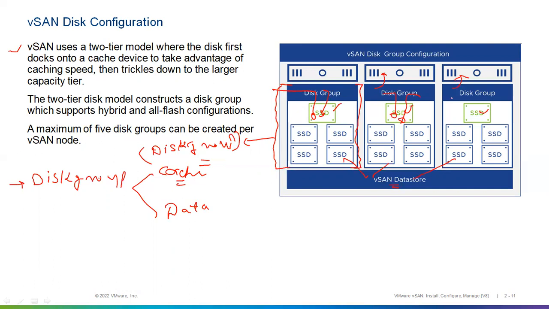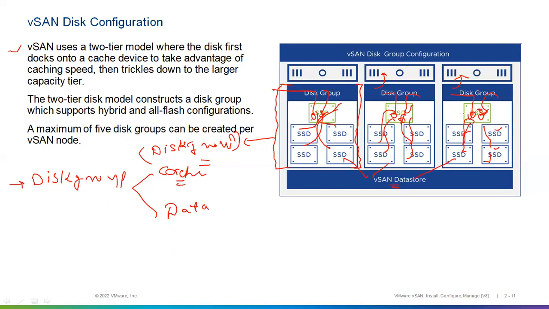It will not actually show up as a capacity drive. It is just caching your reads and writes, to make the read and write process faster to the underlying disk. If I take from this group, if each disk capacity is 1 TB, then for the actual storage you will be getting 4 TB, not this one.